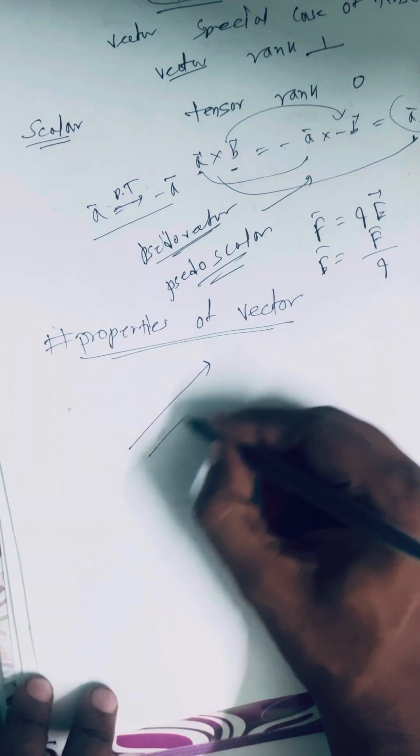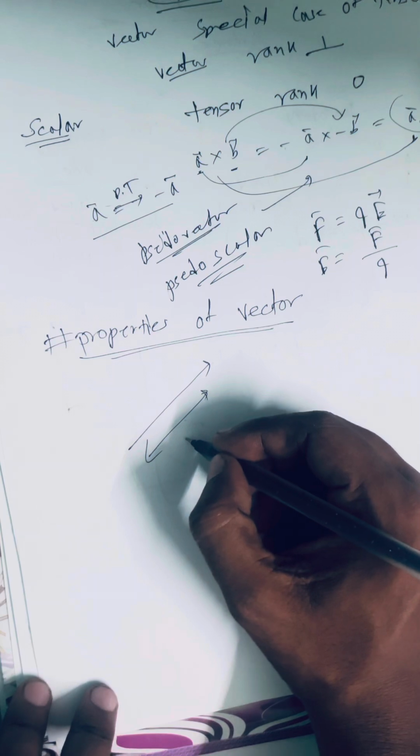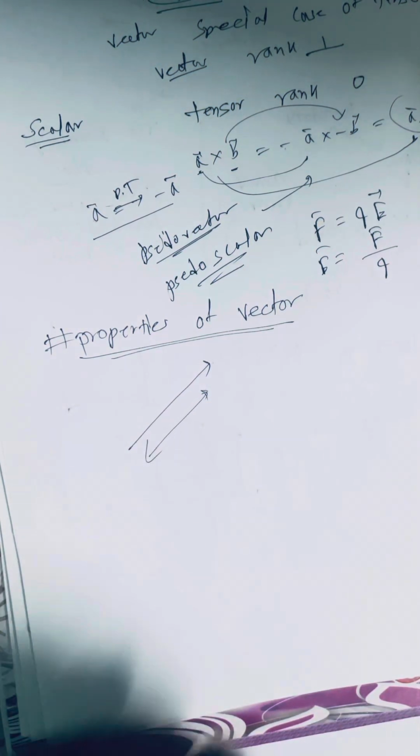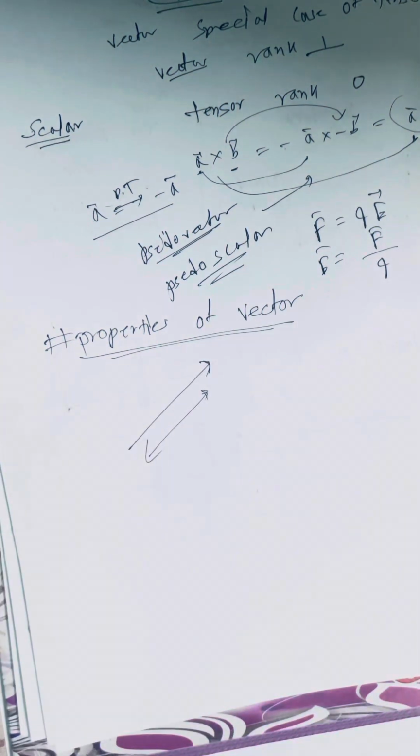Here, length of this vector is called amplitude, magnitude of the vector. The length of the vector is magnitude, and the arrow denotes the direction of vector. Sliding of vector allowed, keeping in mind that magnitude and direction is same. Now vector fields and scalar I will tell you.